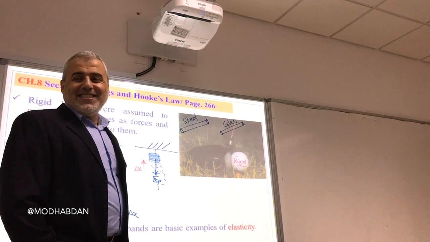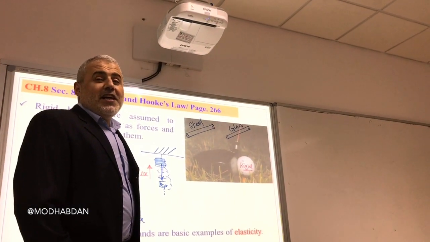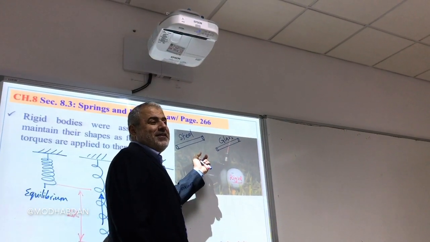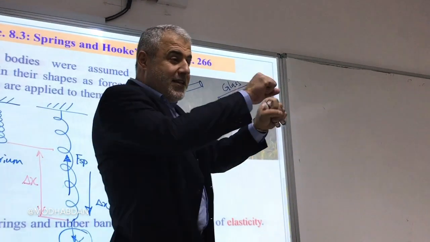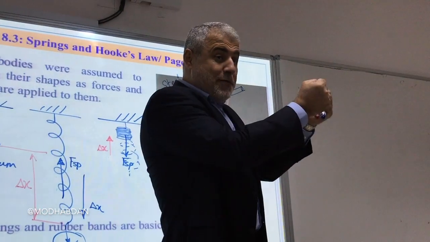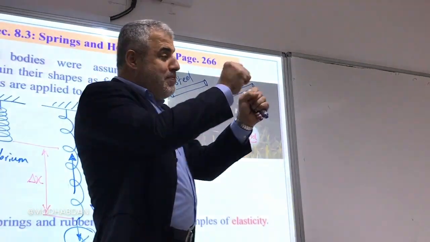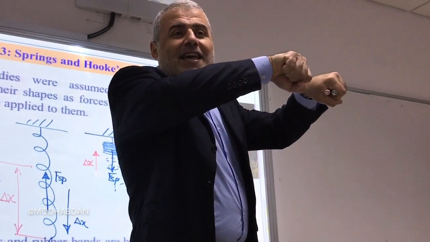Because it won't break. Glass doesn't have a restoring force. It will never return. When you try to bend it, what happens? It will break. In the case of steel, it will bend, but then you can straighten it again.